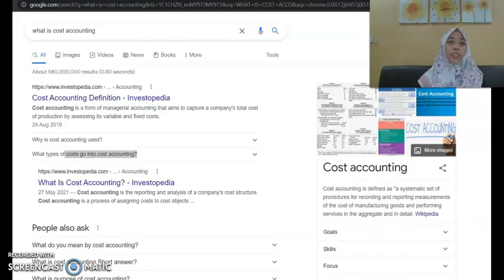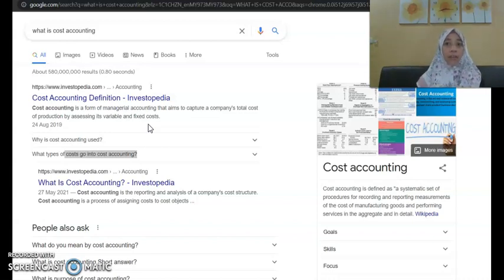If you just Google what is cost accounting, you can see here, cost accounting is a form of managerial accounting that aims to capture a company's total cost of production by assessing its variable and fixed costs. So I just Googled it, and when you talk about cost accounting, it comes from the word cost or costing. You look into the cost. You want to identify the cost of a certain product.